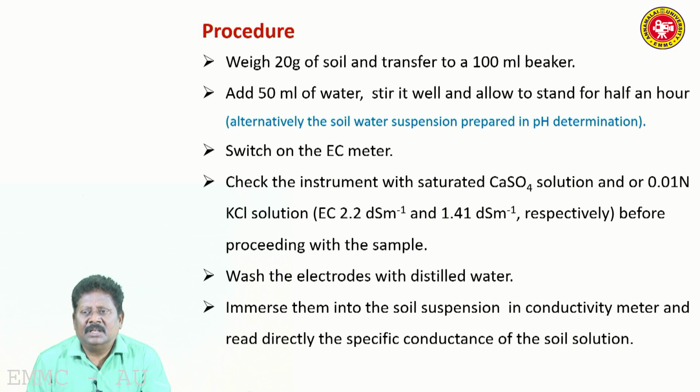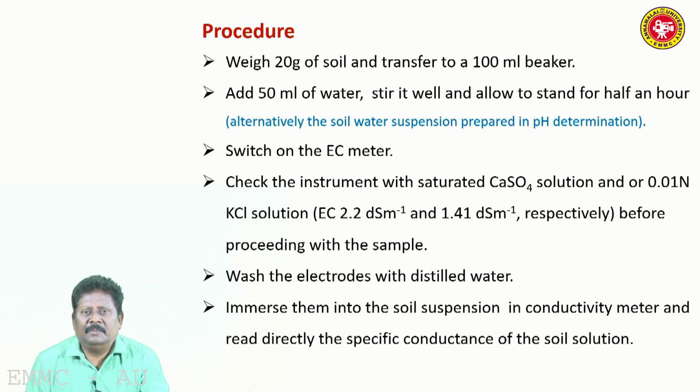The saturated calcium sulphate solution gives an EC of 2.2 decisiemens per meter. The 0.01 KCl solution gives an EC value of 1.41 decisiemens per meter.